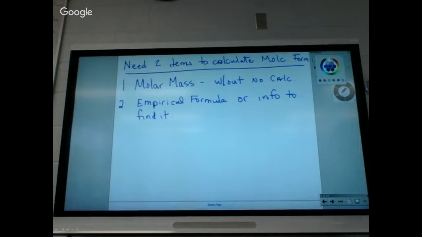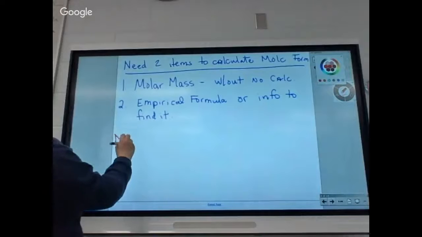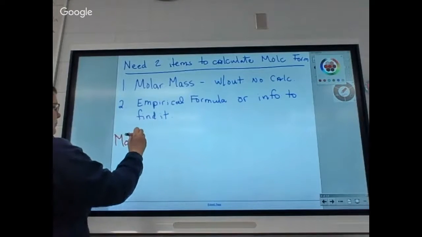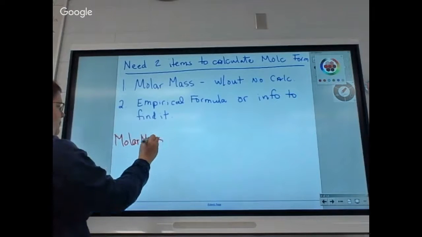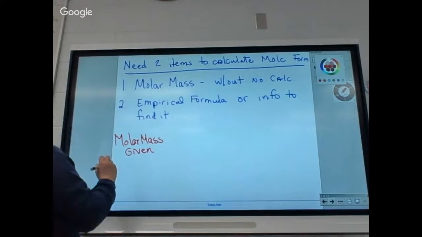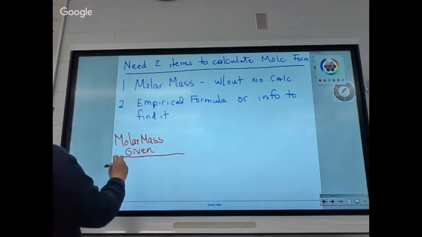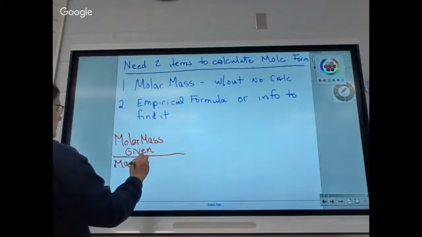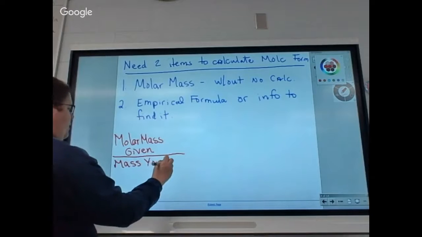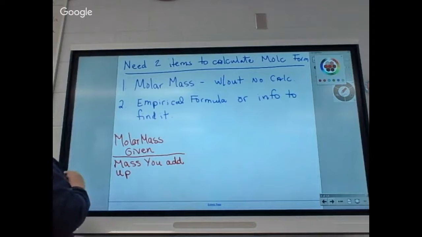All right, so how do we do this? You're going to take the molar mass, that's given, okay? And you're going to divide it by the mass that you add up.